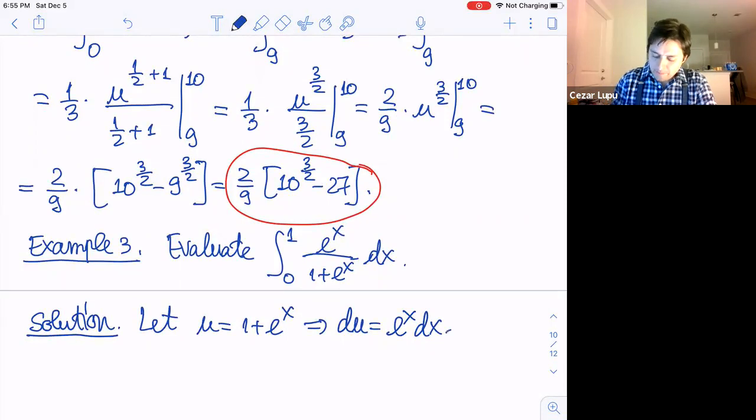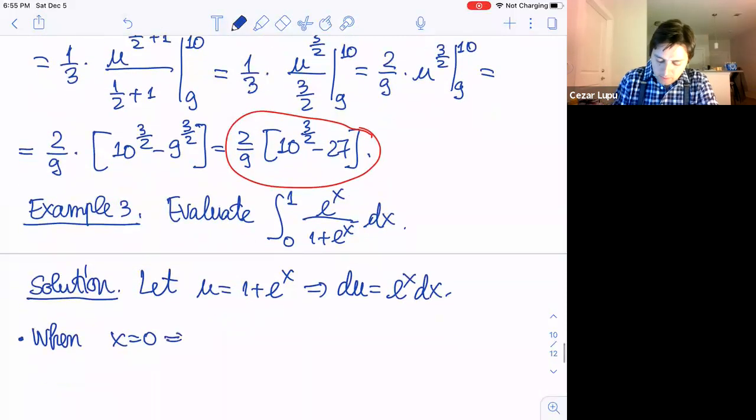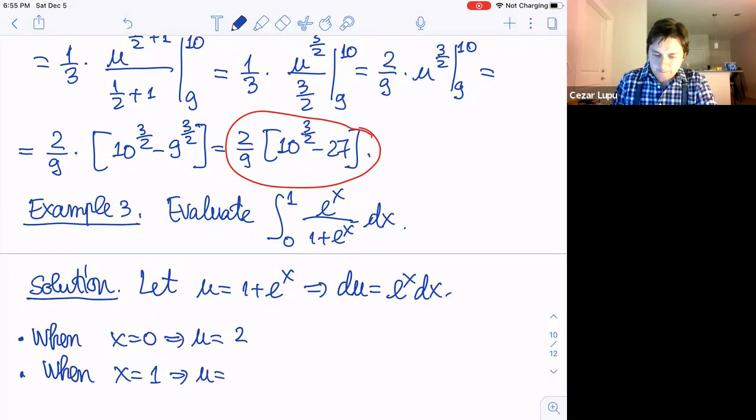And now, let's see. We're going to change the limits of the integral. When x equals 0, u is 1 plus e to the 0, so it's 2. And when x is 1, this will imply that u is 1 plus e.